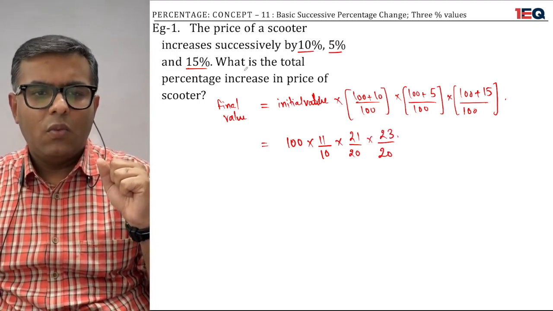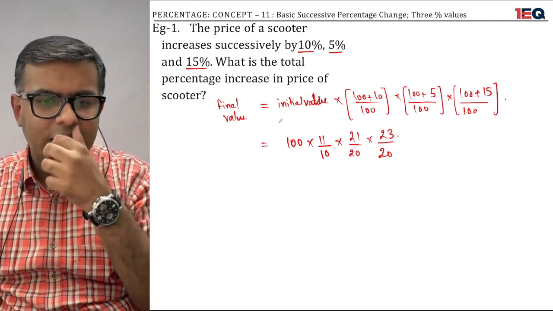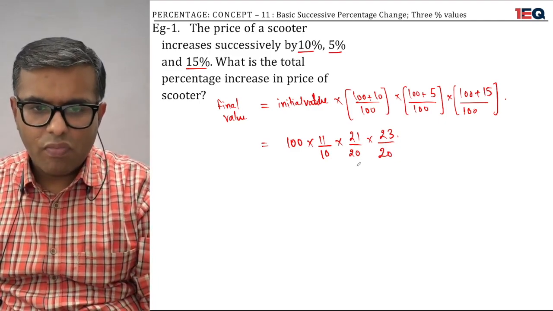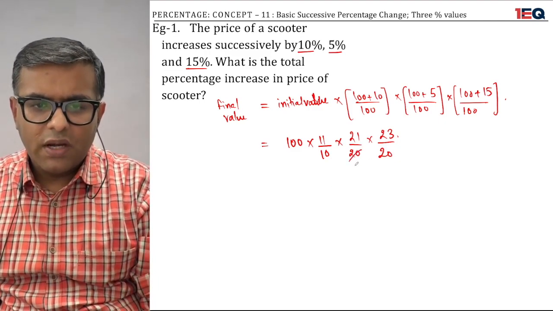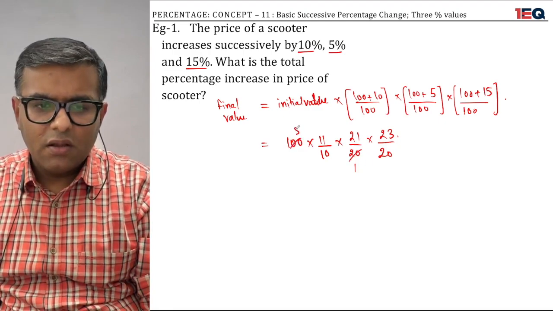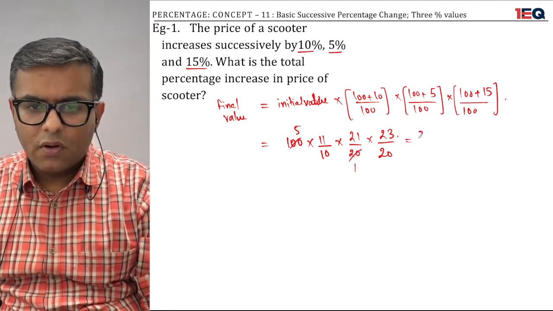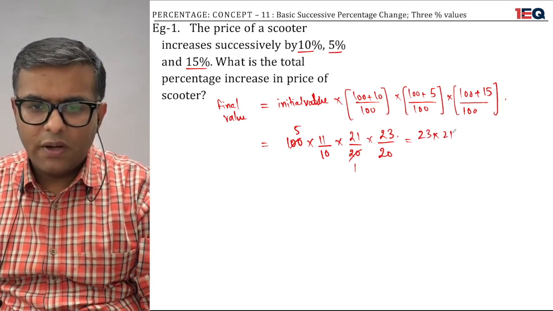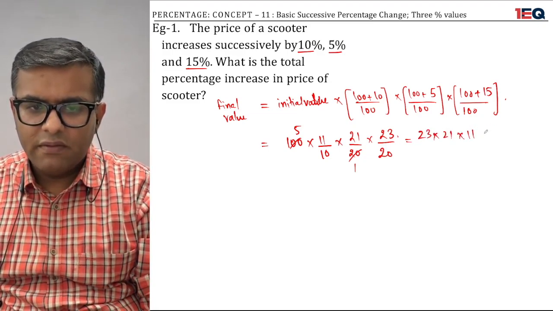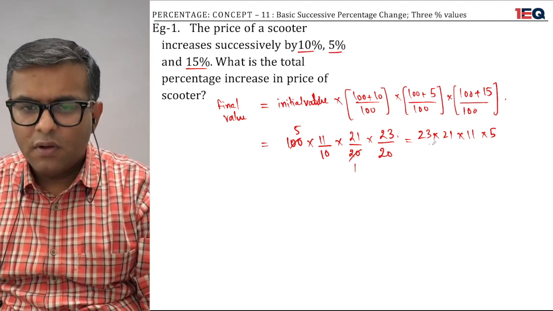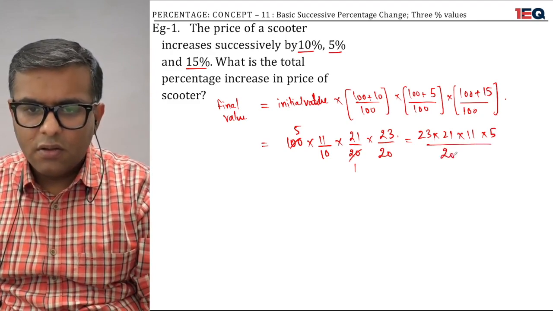What is the total percentage increase in the price of the scooter? We are sitting at 23 multiplied by 21 multiplied by 11 multiplied by 5 whole divided by 200.